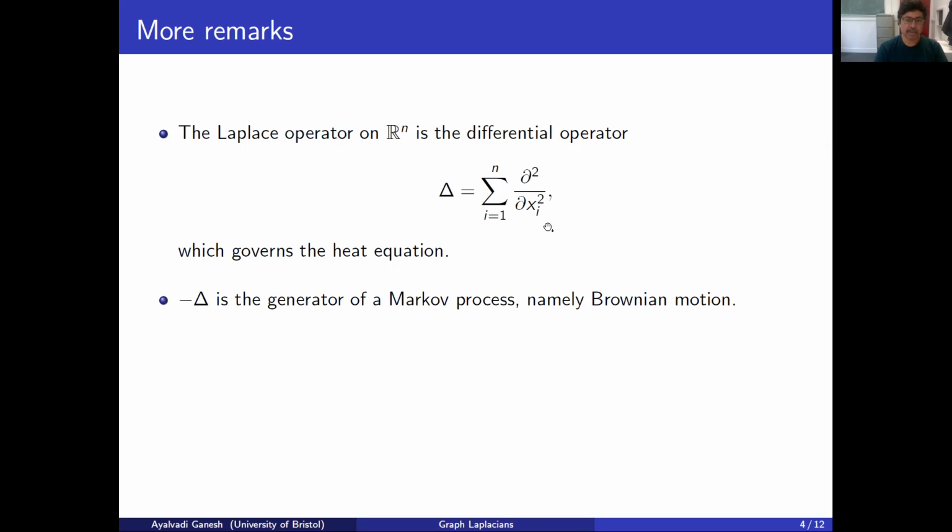If you looked at this Laplace operator and you looked at minus delta, that's in fact the generator of a very famous Markov process, namely Brownian motion. That's quite different from the Markov processes we study in this course. It has a continuous state space. We only study discrete and even finite state spaces here, but it's also Markovian.